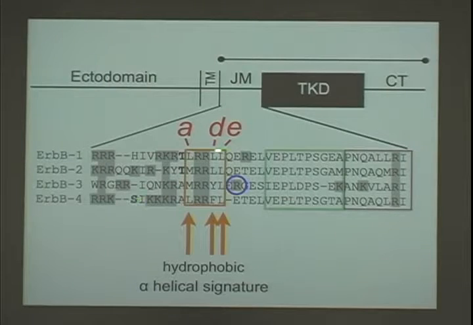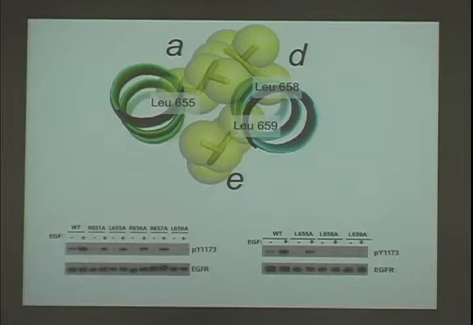So we look then at the rest of the juxtamembrane segment, and there is a pattern here of leucine at the A position, leucine at the D position, leucine at the E position. There's also a pattern of arginine and glutamate residues that are spaced 4 apart, and so it's very reasonable to assume that you have 2 alpha helices. And if you put them in an anti-parallel orientation with standard geometry, you'll find that the first leucine, which is on the left here, packs in a V-shaped crevice formed by the other 2 leucines.